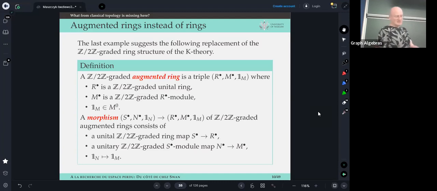And then we can relate these two S modules by some Z2 graded S module map. And this map is supposed to preserve or transform the distinguished element of this module into the distinguished element of the other module. Okay.